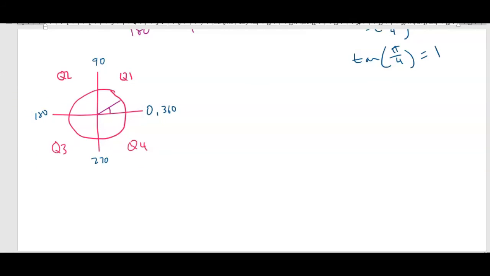Okay, so we got the first one. So sine 45, we know that is equal to root 2 on 2. Then our next angle, which is here, I might do that in a different color.